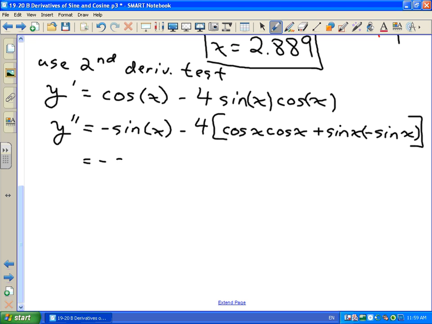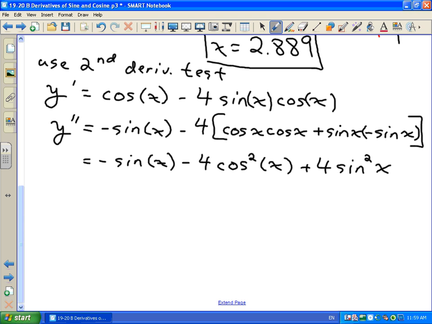So we can clean this up a bit. Negative sine x minus 4 cos squared x. Sine x times sine x gives us negative sine x squared times negative 4 gives us plus 4 sine squared x. And this is what we have to evaluate for each of our critical numbers.